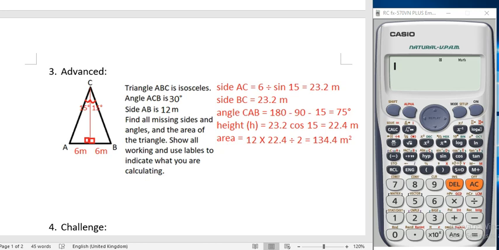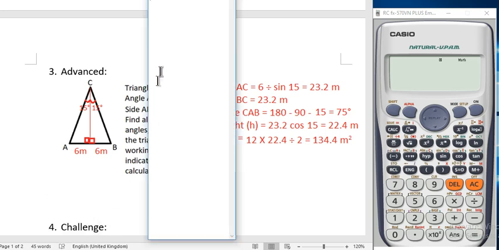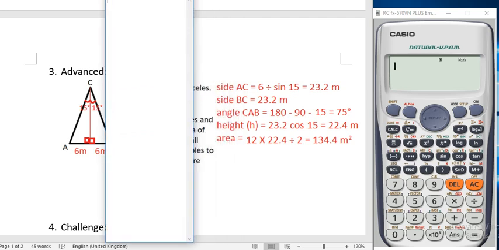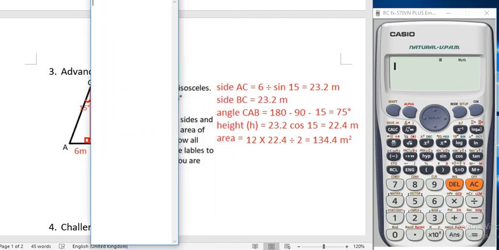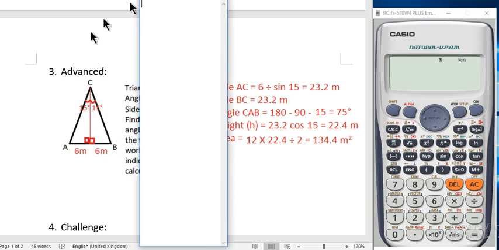I'll just bring something up here to show you. Split it in two. It was 30 degrees. So this angle right across here was 30 degrees. 15 plus 15 is 30 degrees inside the larger triangle altogether.